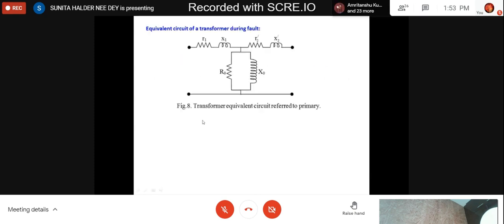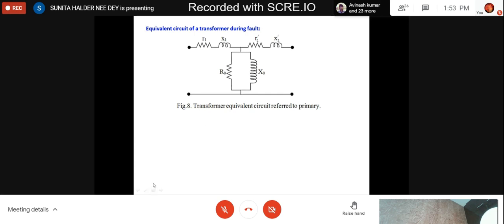Then the transformer is easier. This is the transformer equivalent circuit. It may be referred to the primary, or it may be referred to the secondary. If we represent it in the per unit system, then these values will be the same whether we refer to the primary side or the secondary side.